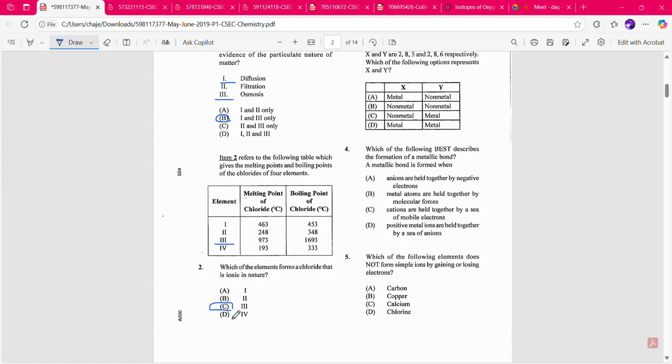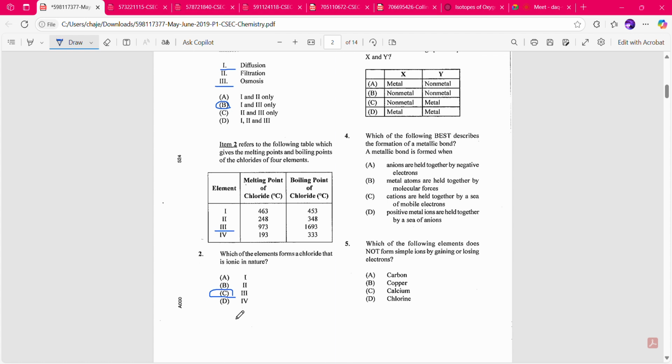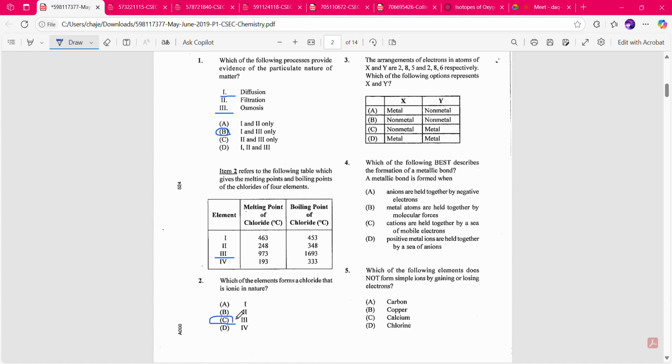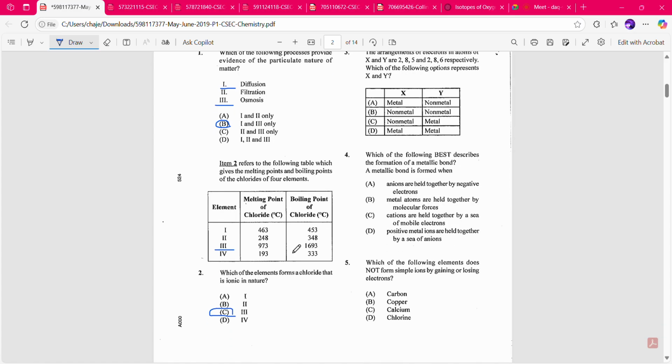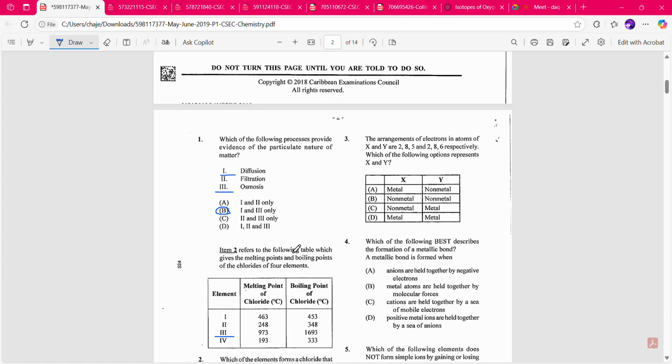The others would possibly be simple molecular crystals, which have lower melting points due to their weak intermolecular forces. For ionic crystals, you have two oppositely charged ions attracted to each other, a very strong attraction. So it's going to require a lot of heat to melt or boil that substance, to separate the strong electrostatic force of attraction.